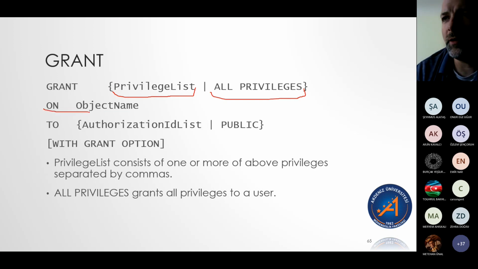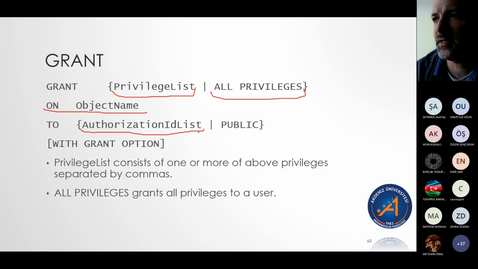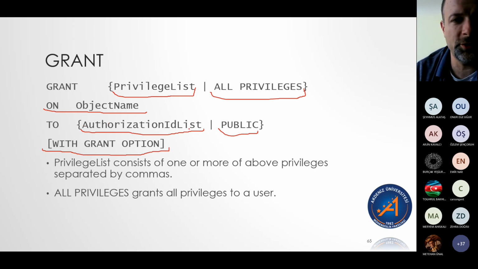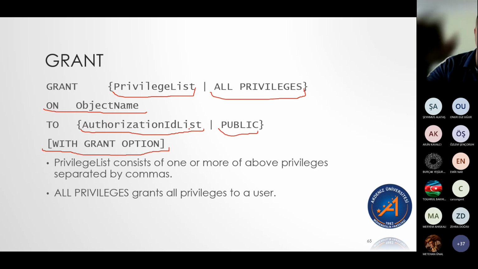And on, what are we giving it on? Is it a table? Is it a view? We need to give a name for what we're giving privileges for. And then to, we can either give it to a specific authorization ID list, or public, which would be everyone. And then an optional with grant option. With grant option means that whoever we give the privilege to can pass it along.